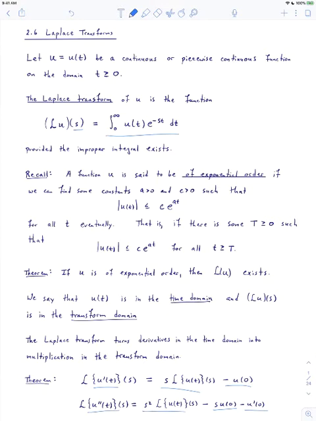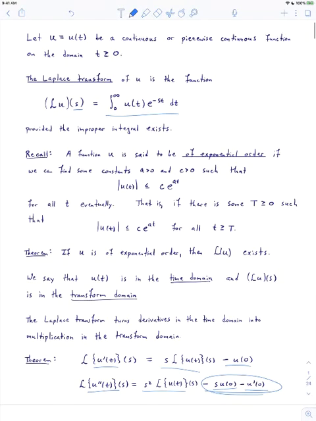So you can see the first derivative is transformed into s times a Laplace transform, with some initial condition. And the second derivative is transformed into multiplication twice, which is why we have the s squared. Now the trade-off is that you end up with these two initial conditions that you need. You can proceed inductively to find formulas like this for any derivative of u.